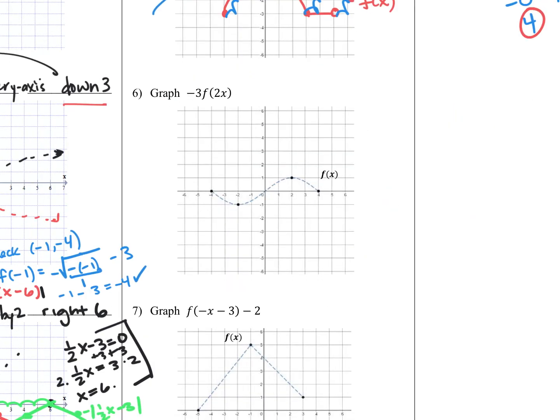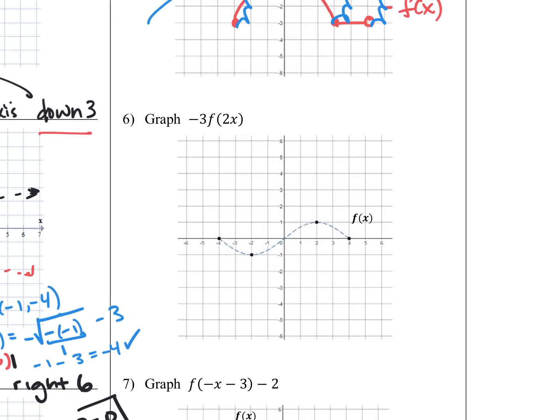All right, for this function, we've got 2 stretches going on and a reflection, of course. All of these have reflections on them. This is reflecting still over the x-axis because it's outside of the function. We have a vertical stretch because it's multiplying all y's by 3. I'll even write that down there, y's times 3.